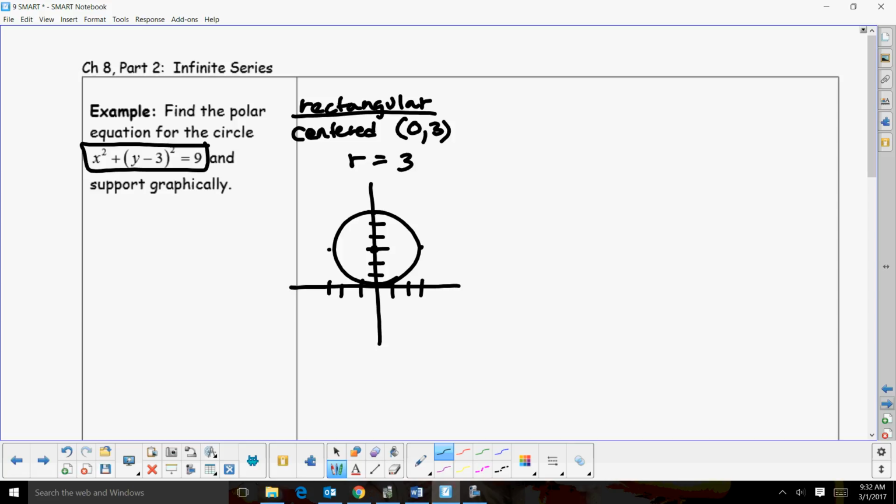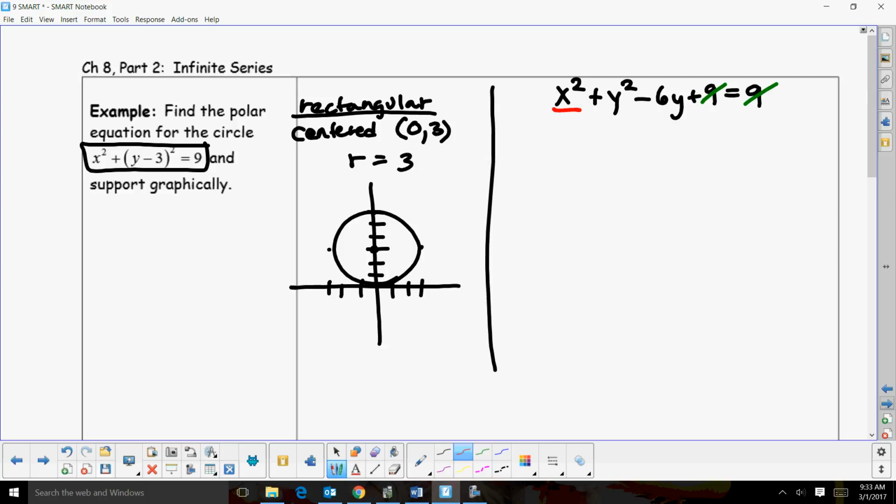Now let's look at what happens if I went into polar. So let's FOIL that, y minus 3 squared. Can you all FOIL that? What happens to those 9s? Well, that was 9. They went away.